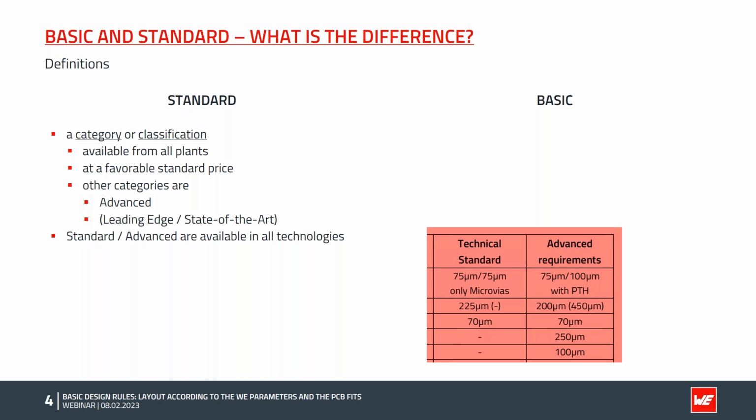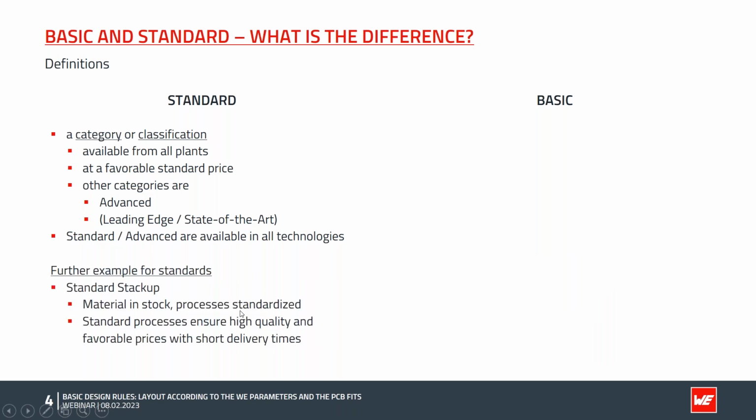This is an example, an excerpt out of our design rules for slim flex technology. Here you can see technical, standard, and advanced requirements, so the 2 different categories. And you can see differences in the values, of course. So that's just one example and fits for all other technologies as well.